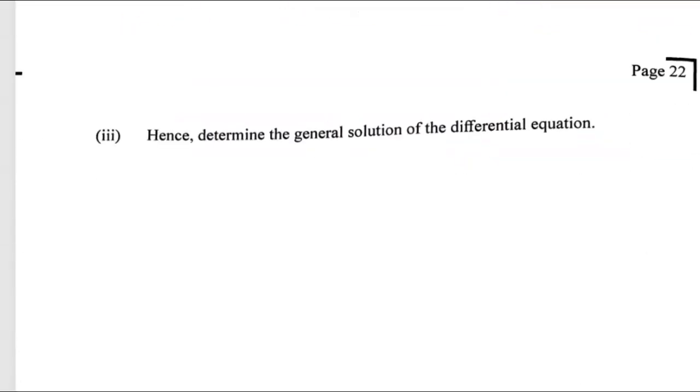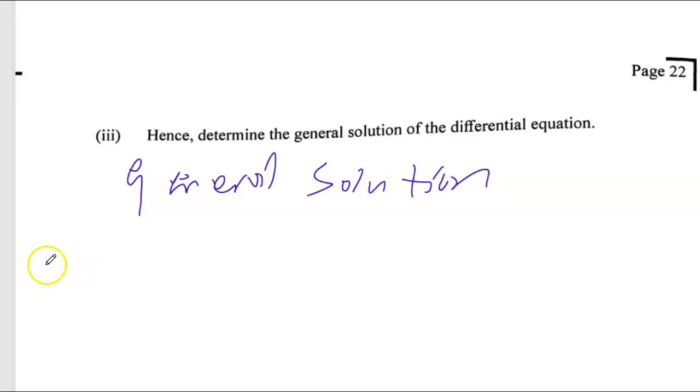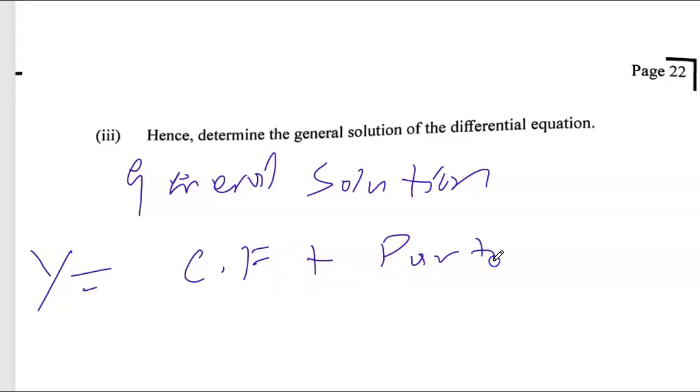And the final thing, the general solution. Now we put the two of them together. The general solution is the complementary function plus the particular solution. So we just sum them.